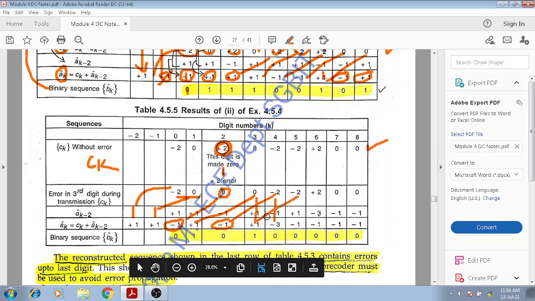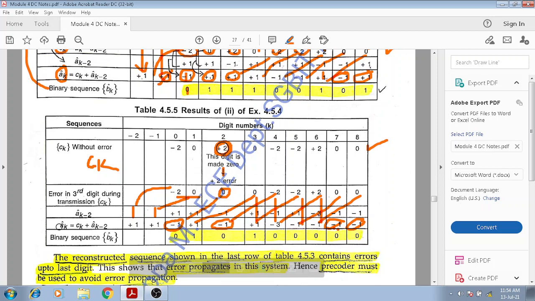Minus 2 plus 1, minus 1. Plus 2, how much is it? Plus 2 minus 3 is minus 1. Next 0 plus minus 1, minus 1. Next 0 plus minus 1, minus 1. So this is how we estimate the two level sequence.